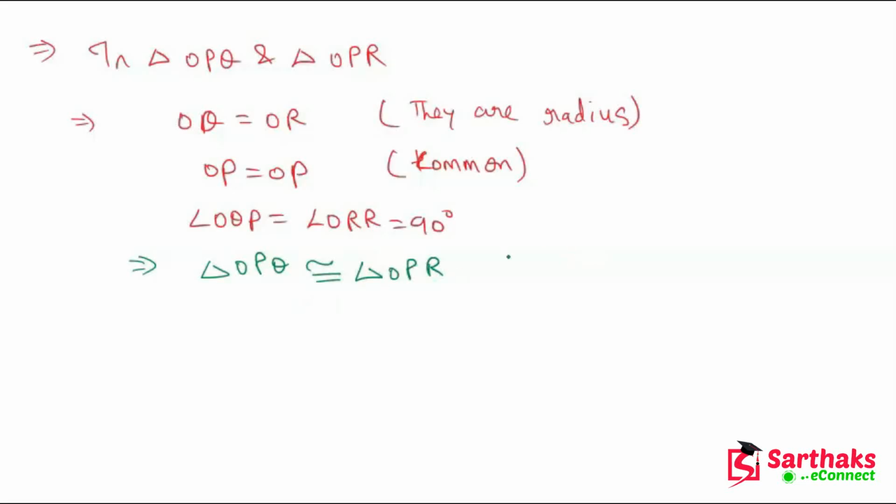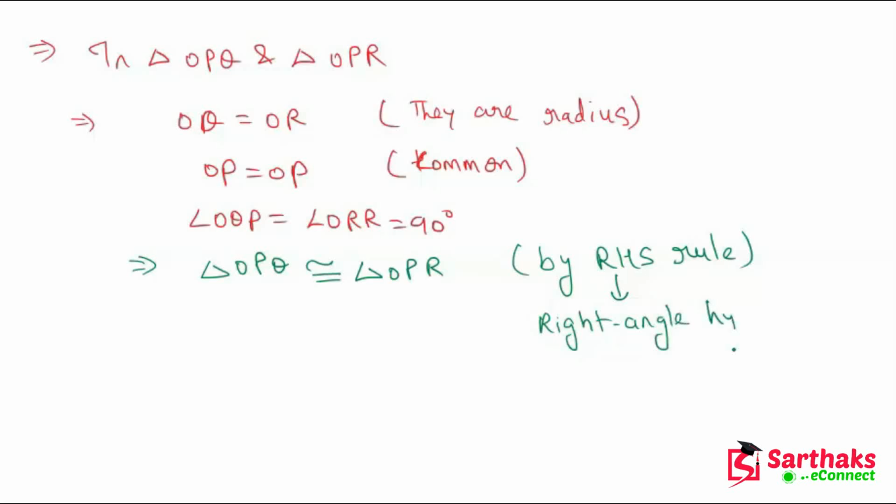So we can write that triangle OPQ is congruent to triangle OPR. Okay, my dear friends, by what rule? By the RHS rule. And what is the RHS rule? RHS is the right angle hypotenuse side rule.